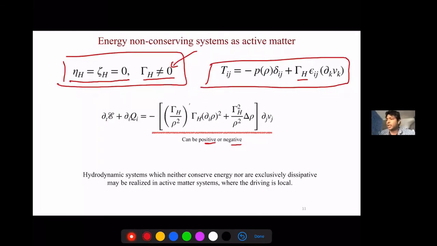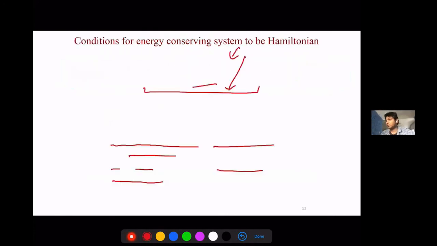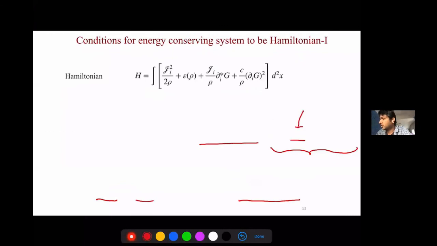And then I'm asking what is the structure of this conservation law? It turns out the right-hand side is not purely dissipative, which it would be if you had dissipative shear viscosity. It can be both positive or negative. So you have to both pump energy locally and take out energy locally, which can be done through local activity. Yeah, these are good questions, actually.